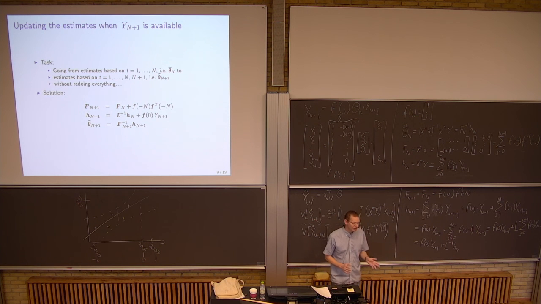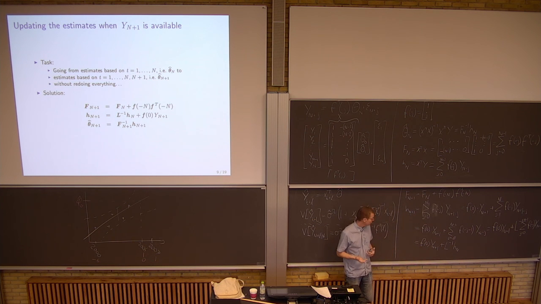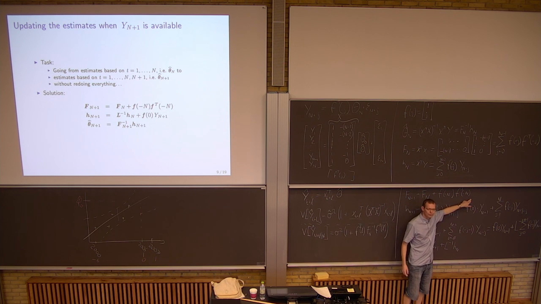The nice thing here is you have to keep track of a 2x2 matrix that is Fn and a column vector with 2 elements. The next time you get an observation, for F you make a simple 2x2 matrix and add those two.